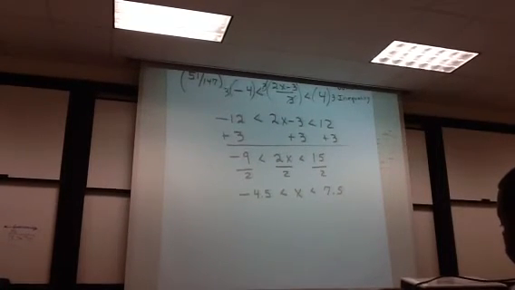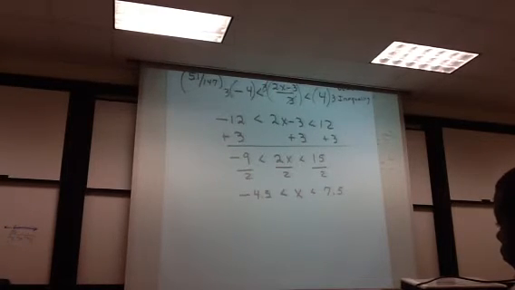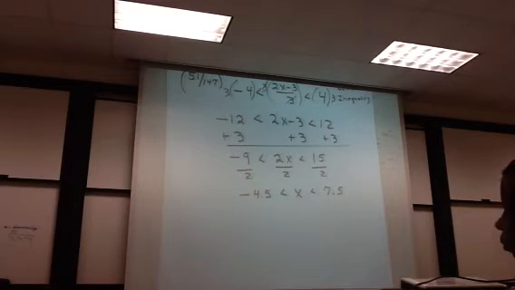All right. Here's where we enter a realm that some of you are not going to be familiar with. It's the realm of absolute values in inequalities. Some of you may have encountered it before, others might not. We're going to be looking at this in two different ways.